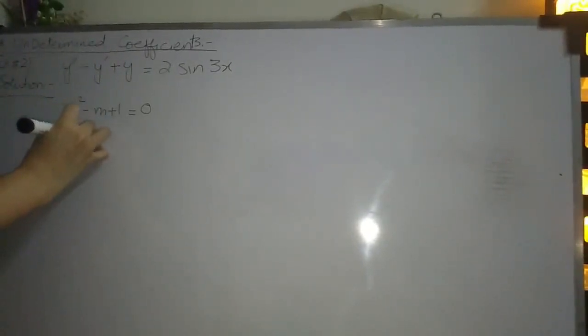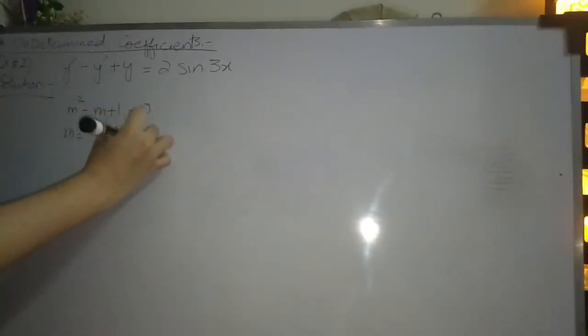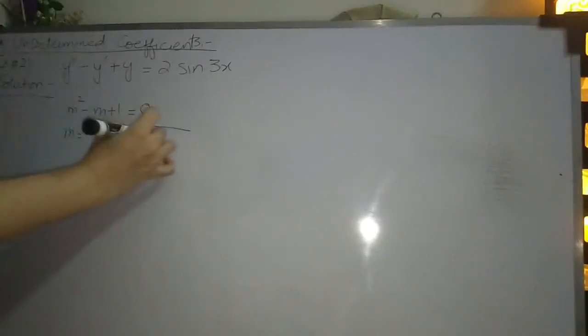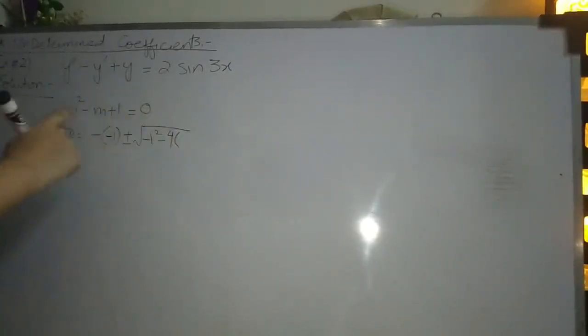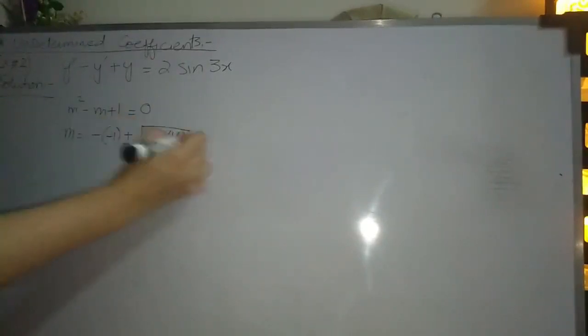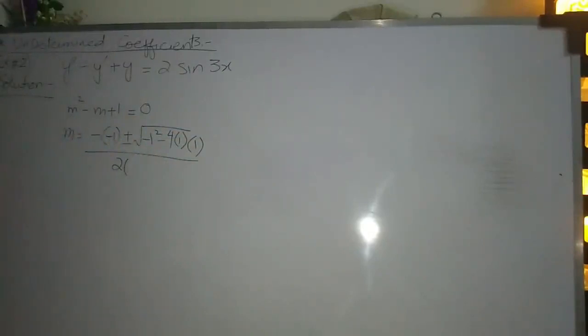So m equals minus b, minus of minus 1, plus or minus the square root of b square, minus 1 square, minus 4 times a, which is 1, and c, which is 1, divided by 2 times 1.